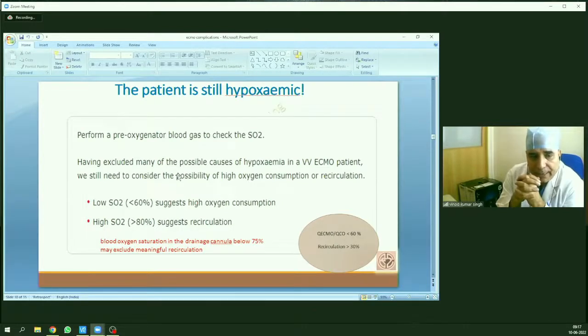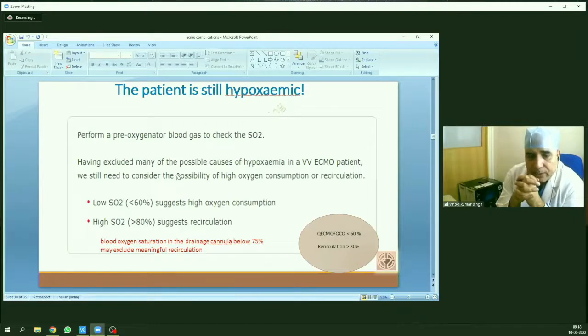But if you find that the oxygen saturation is more than 80%, this is a special problem called recirculation, or high recirculation. If the blood oxygen saturation in the drainage cannula is below 75%, this indicates that there is no recirculation. And if it is more than 80-85%, this suggests a possibility of recirculation.